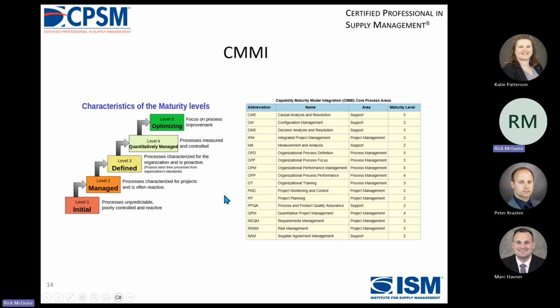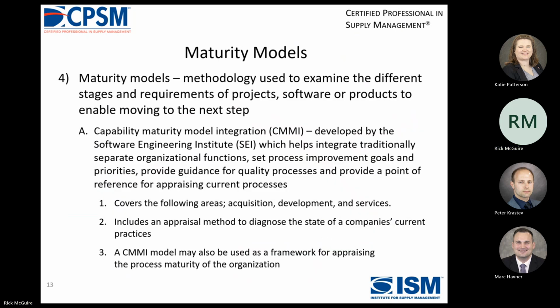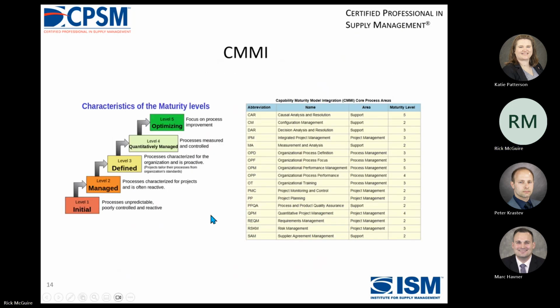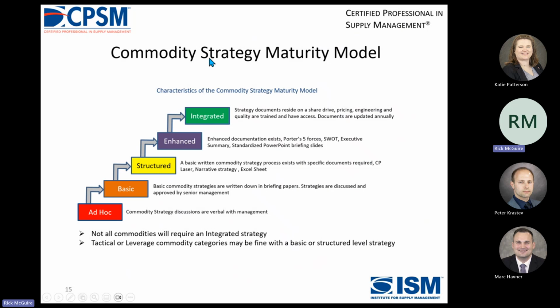So that's the software, the Capability Maturity Model Integration, CMMI. You can also do the same thing with commodity strategy models. So this is an ad hoc commodity strategy, and there's a basic commodity strategy, then a structured commodity strategy, enhanced and integrated.